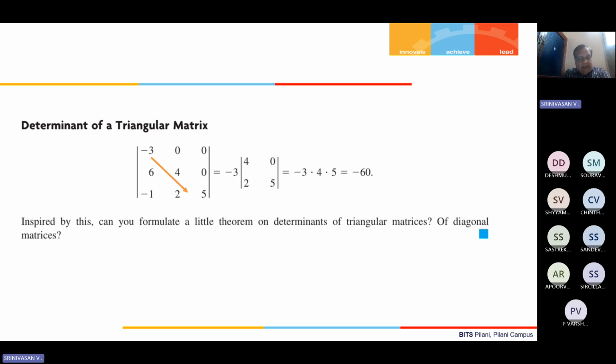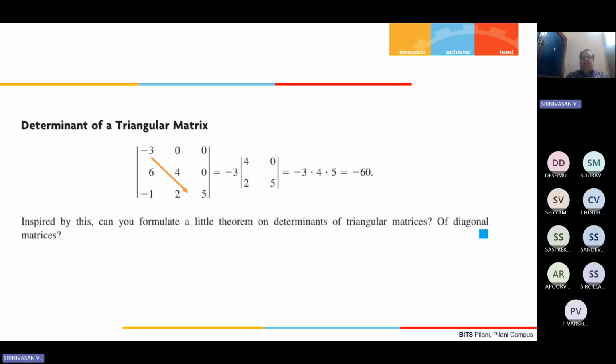Yes, come on. Lower triangular matrix. Very good. That's correct. It's a lower triangular matrix, as you see, zeros above the principal diagonal. In other words, you can remember that you have elements below the principal diagonal, therefore it is a lower triangular matrix. Anyway, it is a triangular matrix. You got the answer, minus 60.